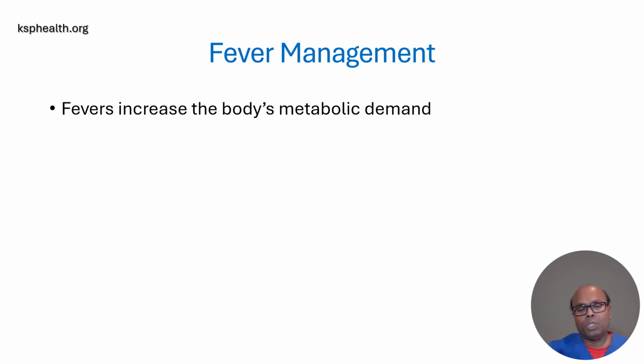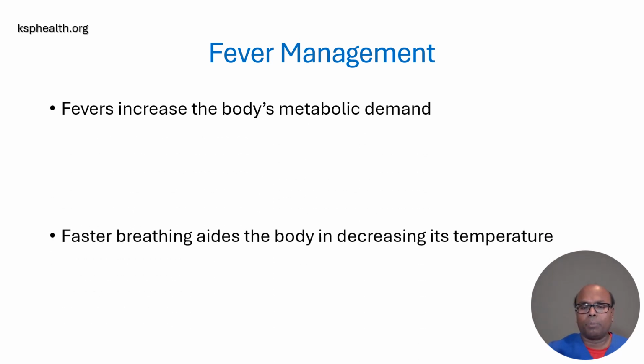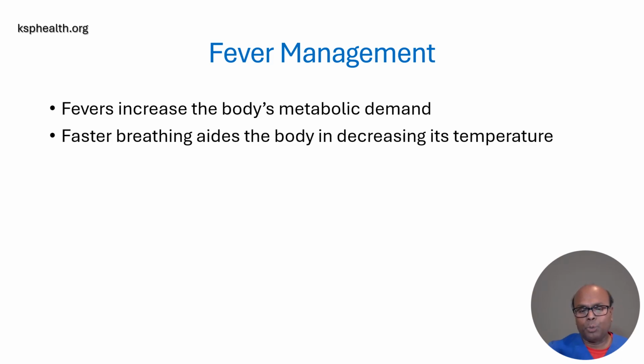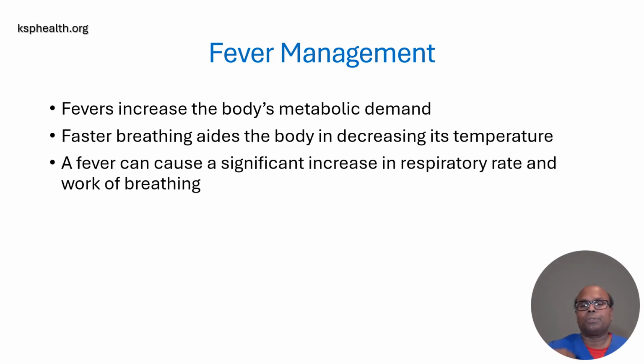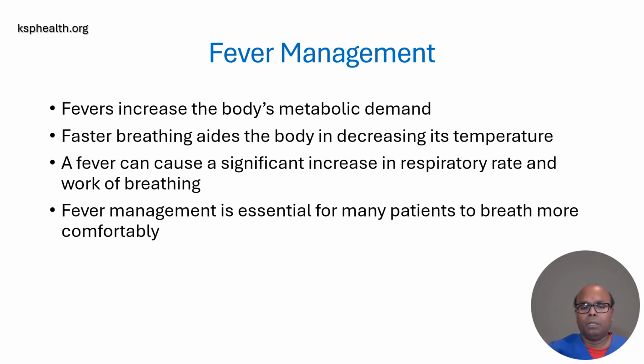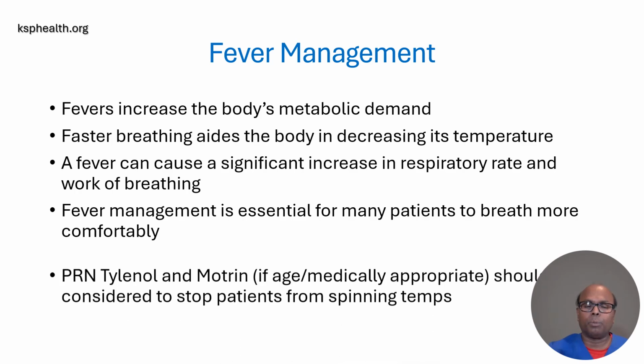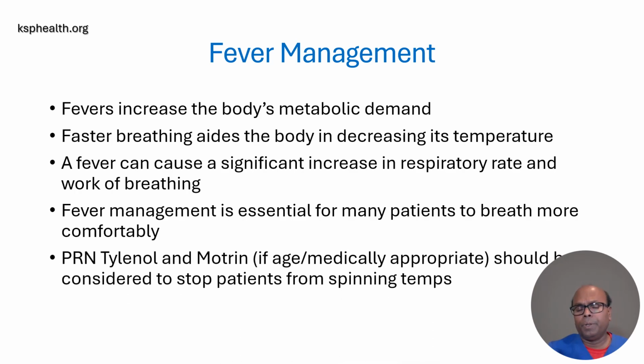Then, fever. Fever increases the body's metabolic demand. Faster breathing aids the body in decreasing its temperature through evaporative losses. That can cause significantly increased respiratory rate and work of breathing. Fever management is essential for many patients to breathe more comfortably.